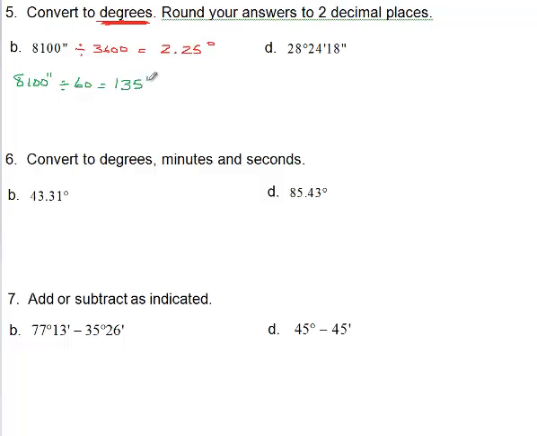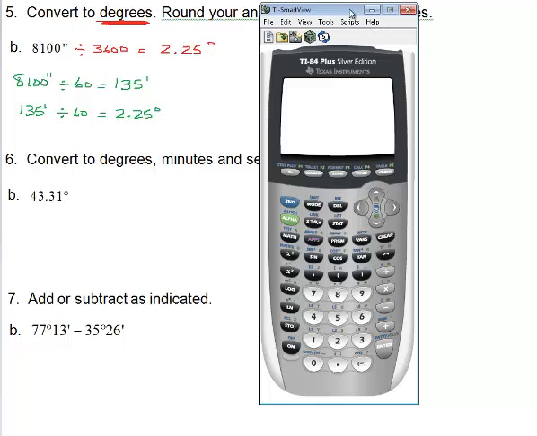Then in a second step, take 135 minutes and divide that by 60, and get 2.25 degrees. So that's two ways to tackle that. And the third way is our friendly little calculator. Let's bring it up here and have a look.